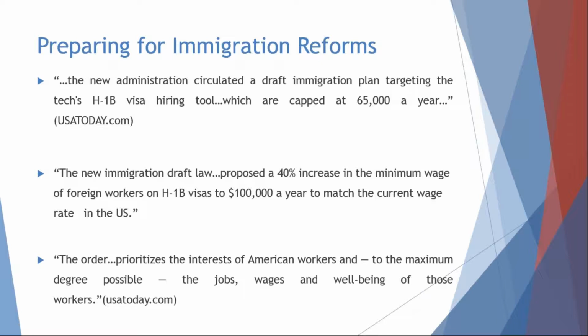One of the things occurring today that has prompted us to put together proactive strategies for addressing immigration reforms is that the new administration recently circulated a draft plan targeted at the current cap on US visas at 65,000, to reduce those numbers to maybe as low as 25,000 per year, thus widening the gap previously identified on the other slide.